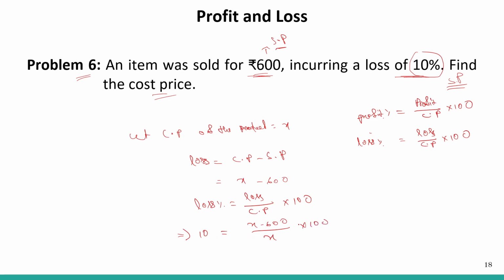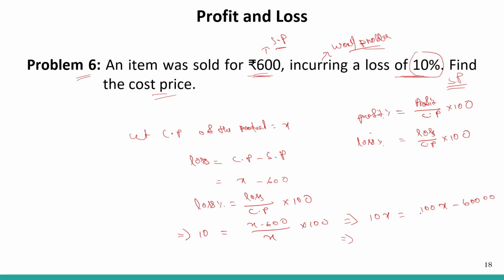As you can see here, we have converted this word problem to an algebraic problem. So now 10x is equal to 100x minus 6000. Sorry, it will be 60,000, right?